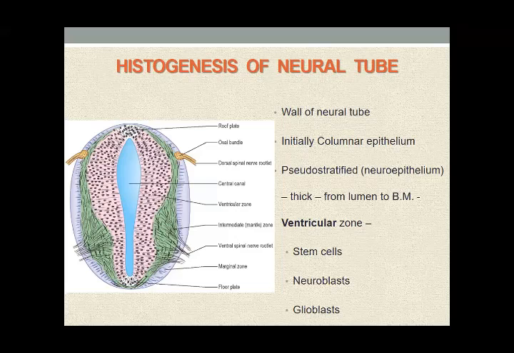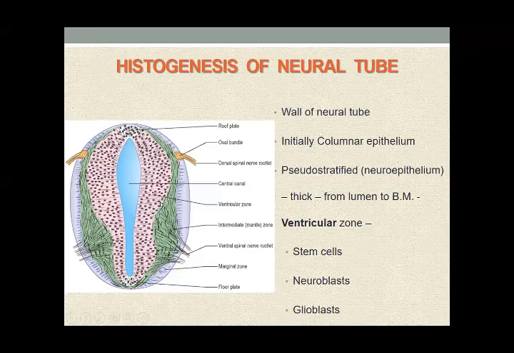Then you have these green and blue areas. They are all parts of the neural tube. This entire neural tube gets divided into 3 zones. This innermost one is the ventricular zone.